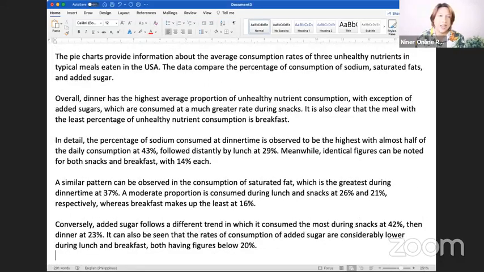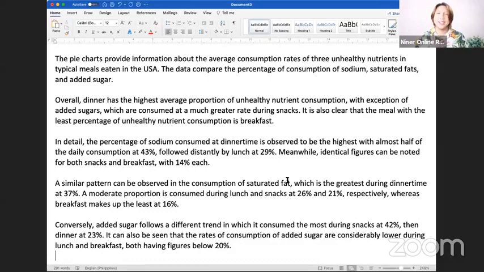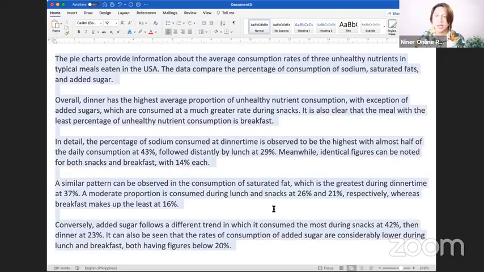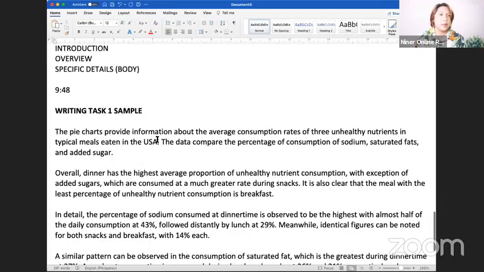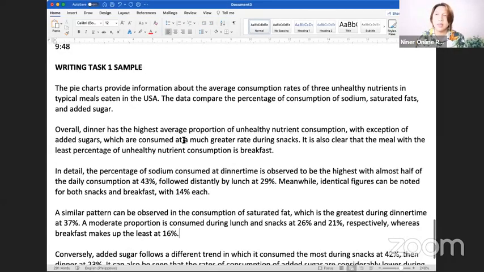Anyway, we are going to count the number of words and also check our grammar for the remainder of the time that we have. We spent only 10 minutes, and then 15 minutes probably for the entire thing, including outlining. Then we're going to do a very quick editing. So 8 minutes working on this.